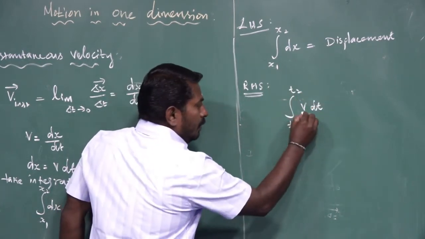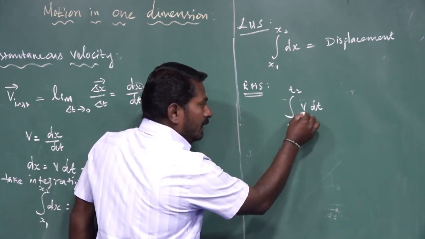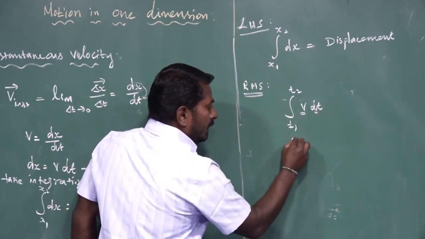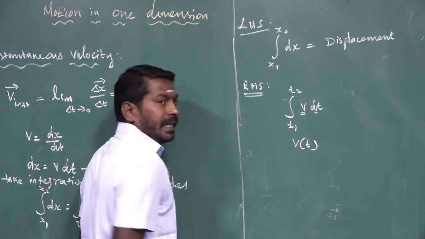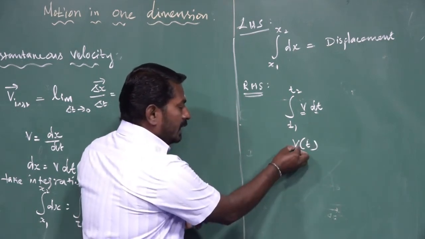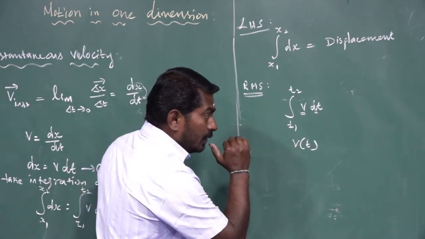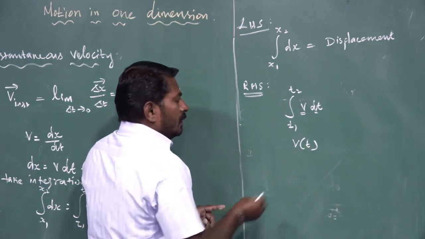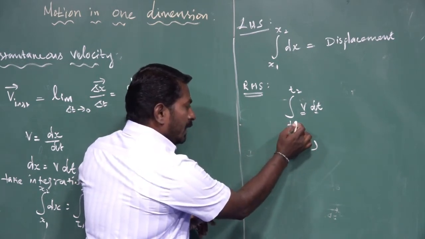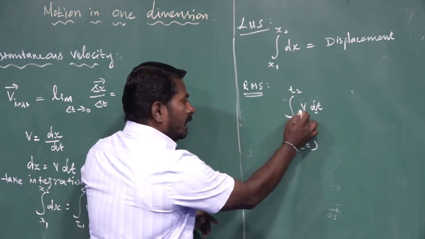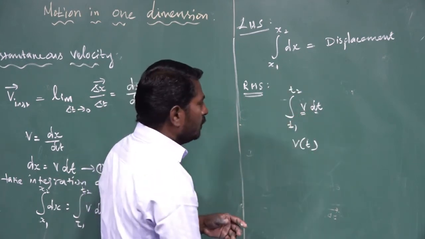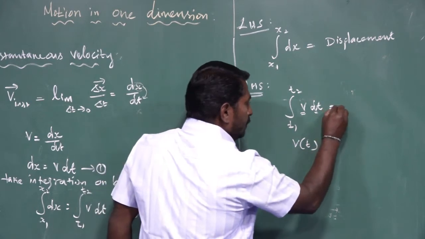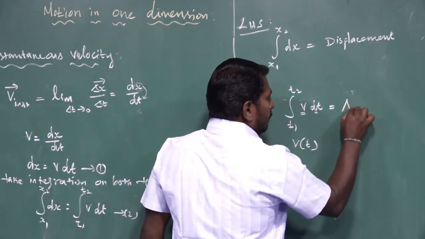So here velocity of a body varies with respect to time. The velocity is a function of time, which means the velocity of your body along one direction varies with respect to time. So from the time interval t1 to t2, the velocity of your body varies with respect to time. This entire value gives the area under the curve.